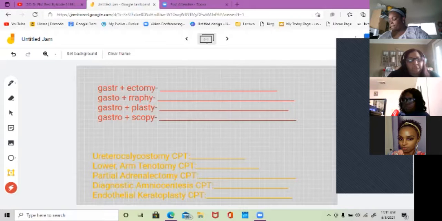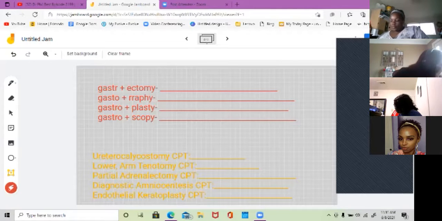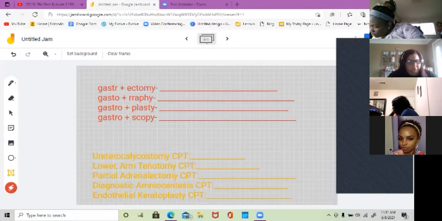All right, so if we look at code 65710, it says keratoplasty, corneal transplant. Okay, and then right behind that, do you guys see the semicolon? And behind that, it says anterior lamellar.